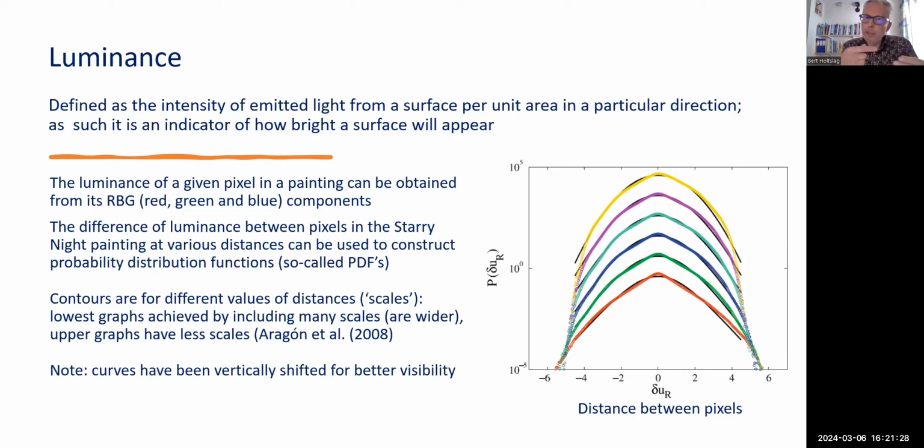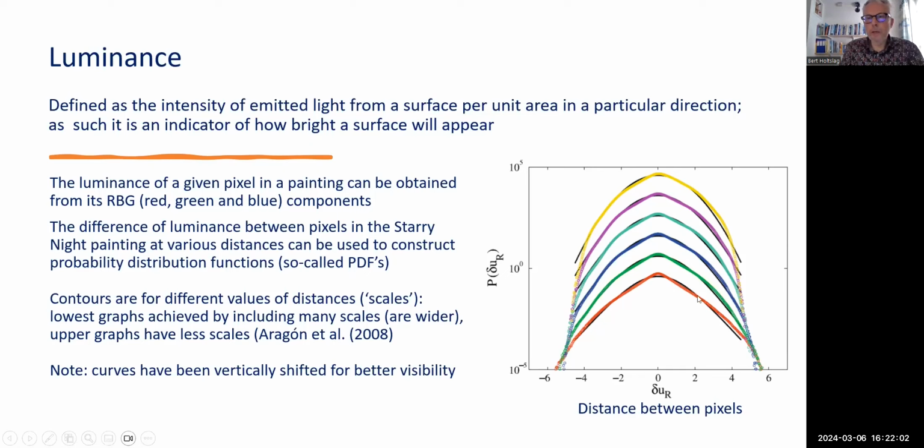And in addition to that, between all the points in the picture, you can calculate the difference in this luminance or these RGB values, and plot that as a function of the distance between the pixels, between the points in it. And that's seen at the right-hand side in this picture for various scales and analysis in the painting.